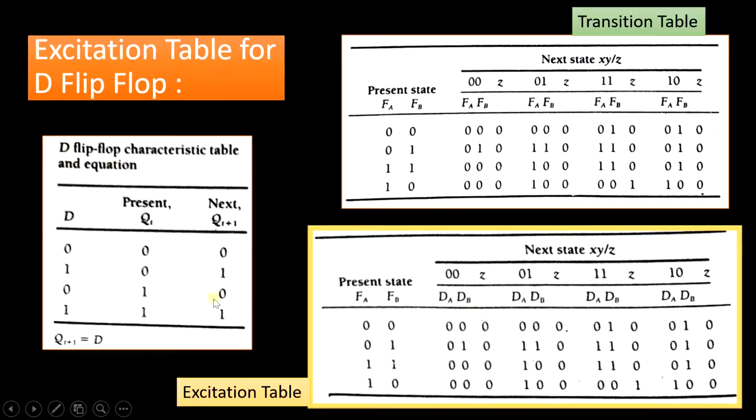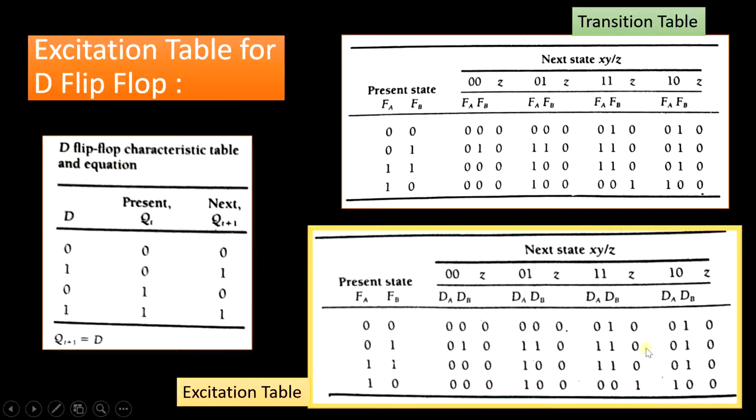Now here, if you compare the D flip-flop characteristic table and the excitation table for the D flip-flop, you would note that here you have the present state and the next state. Since this transition table has 2 flip-flops, FA and FB, I'm going to use the same 2 flip-flops FA and FB here, and using 2 flip-flops is equivalent to using 2 D flip-flops.